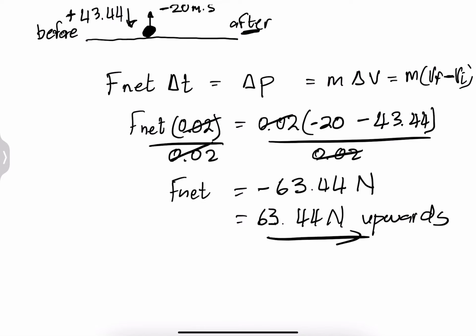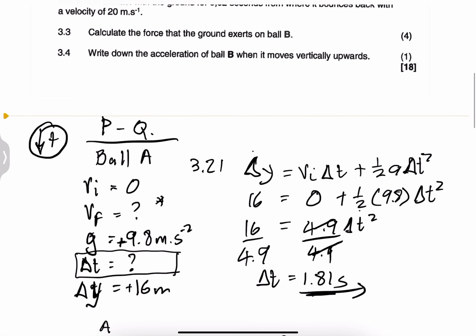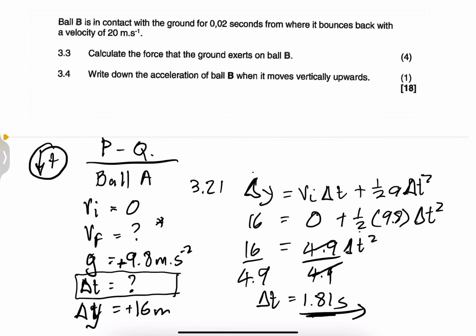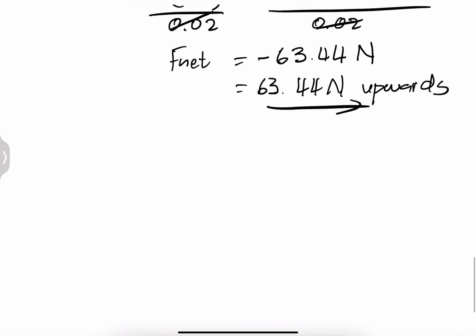And then finally, they said write down the acceleration of ball B when it moves vertically upwards. Remember, ladies and gents, as soon as it leaves the ground, it is again in free fall. So the acceleration is the acceleration due to gravity, 9.8 meters per second squared, and the direction is downwards.